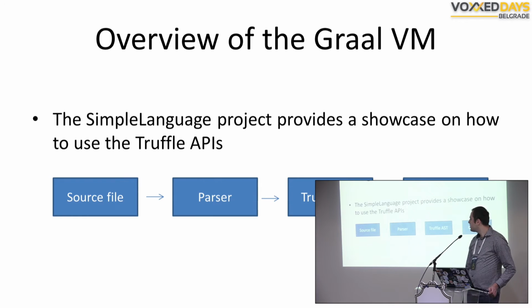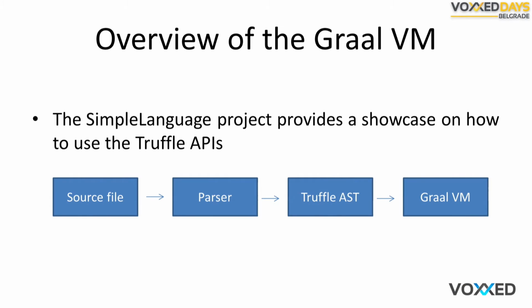It works as usual. It parses some source file of the simple language. It provides an example parser for parsing the source file. Then it provides the Truffle structure in the source code, and that's executed by the Graal virtual machine in the usual way as you would write a language that implements the Truffle API.